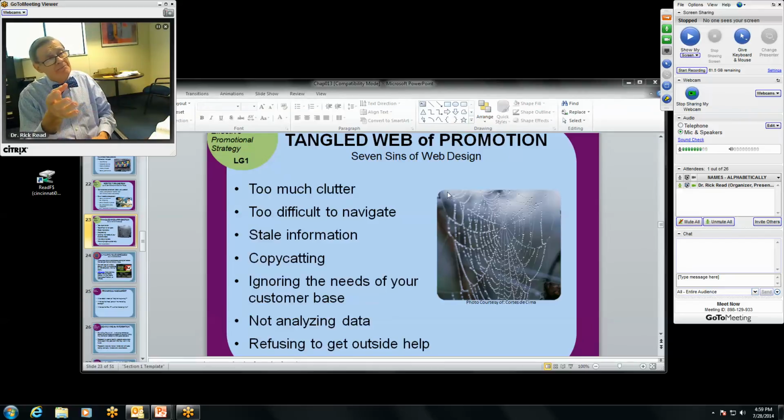And then if you have data from your customers and you're not analyzing the data, you're really making a mistake, because that should tell you what you need to do, how you need to move, how you need to change, et cetera. And ignoring this information is just a recipe for disaster.